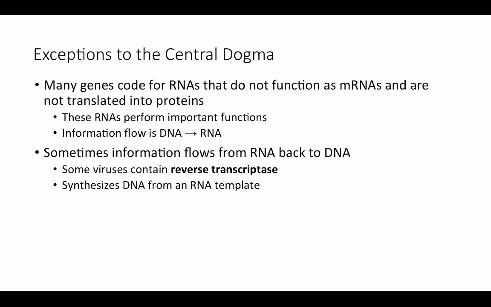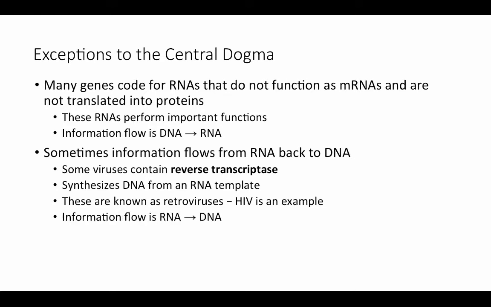So the virus carries the RNA, and then within the infected cell uses this reverse transcriptase enzyme to synthesize DNA from its own RNA, and that DNA can then be inserted into the genome of the host cell. So these viruses are known as retroviruses. HIV is a commonly known example of this kind of virus. And in this case, the information flow is RNA to DNA and no protein involved. So those are just a couple of exceptions that you should know about.